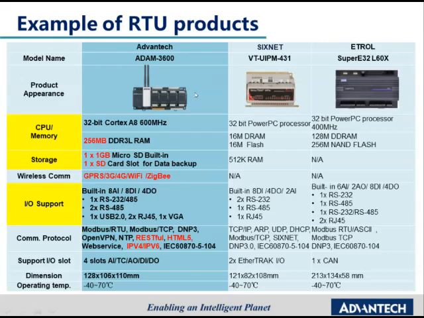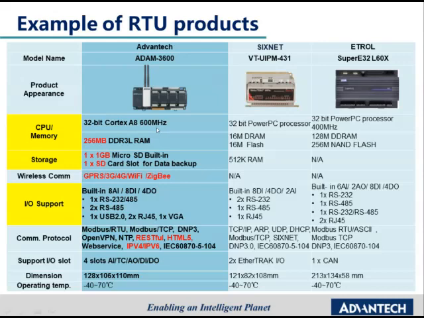As described in the previous slide, the RTU must have CPU, storage, and rich I/O interfaces to meet its functionality. Here, we will use Eden 3600 as an example. The CPU of Eden 3600 is Cortex A8, which is also used in Apple iPhone 4.